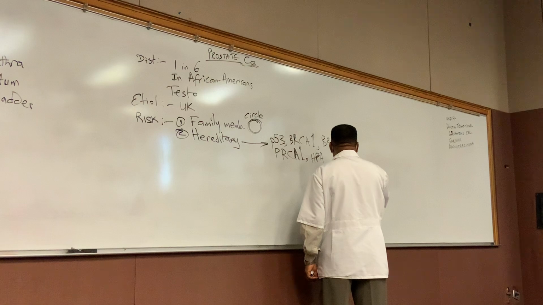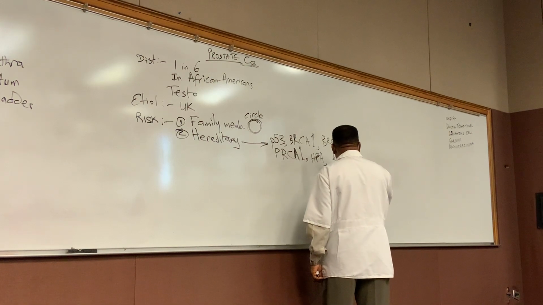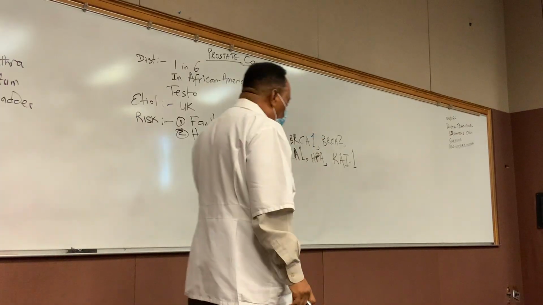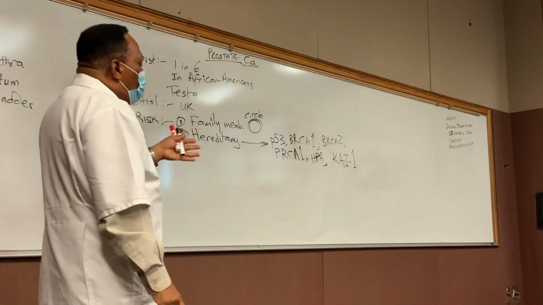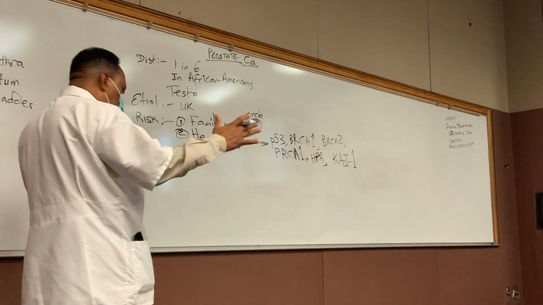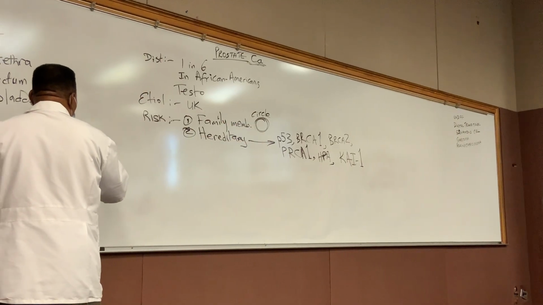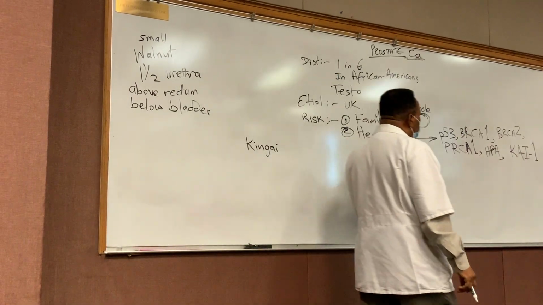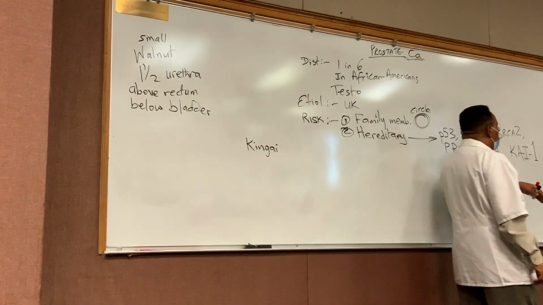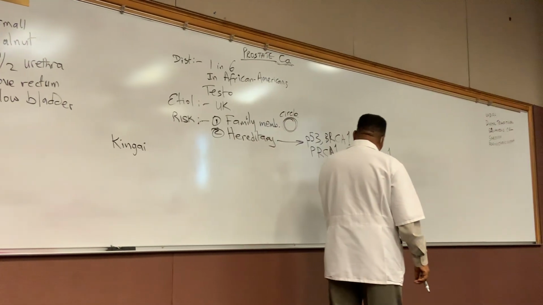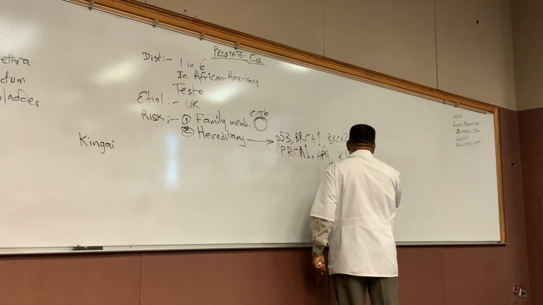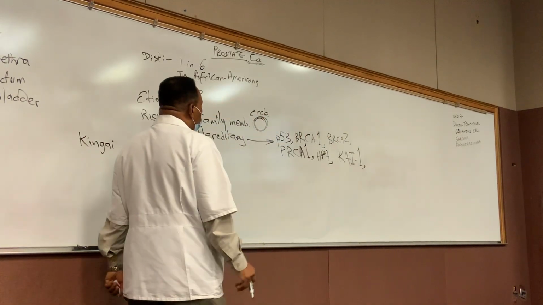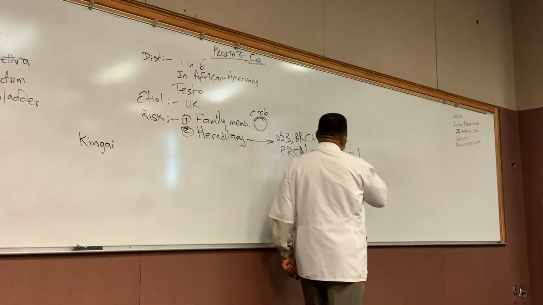There's one called Chi1, Chi1 Kenge, that's the full name, is also a suppressor gene. So if you decrease its production, then you can increase the chances of getting prostate cancer.